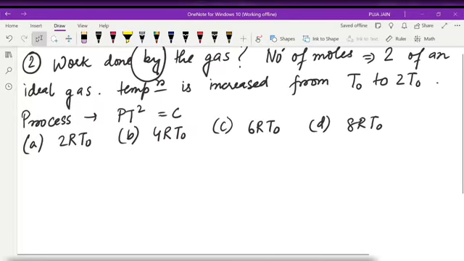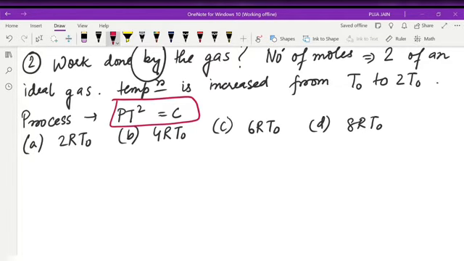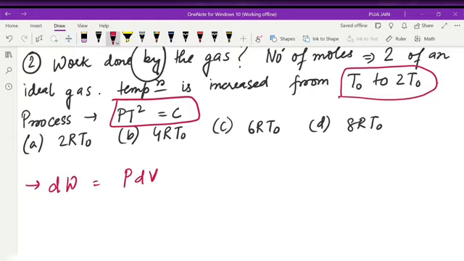Now you see, here a relation is given. Similarly, in the previous one also there was a relation given. Always convert the work done in terms of that quantity which is varying. Now here work done, we know dW is equal to PdV.